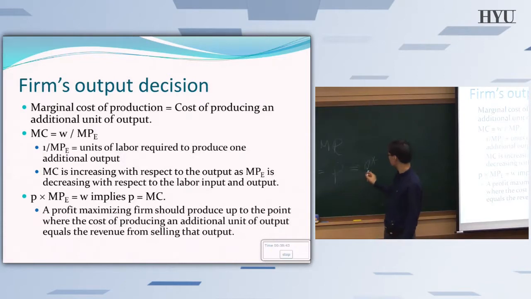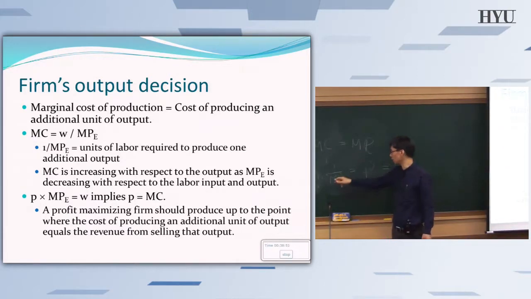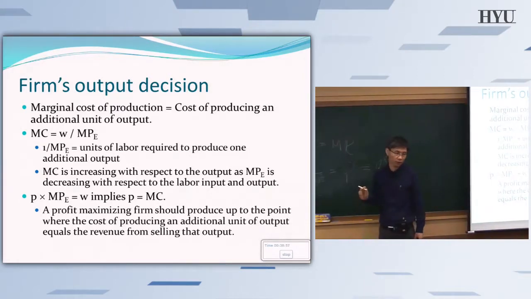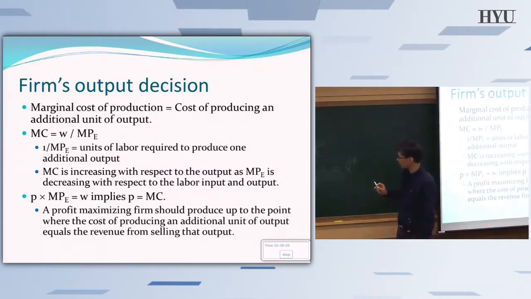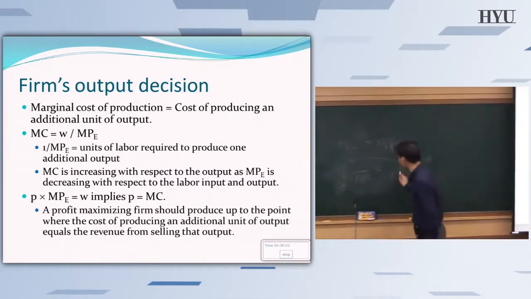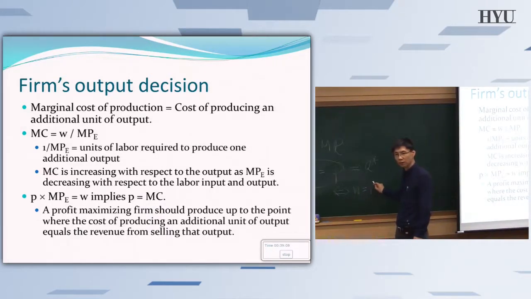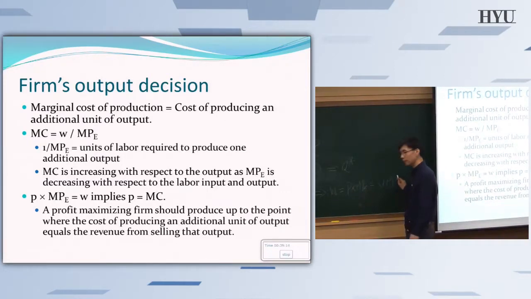To produce the output Q star that satisfies marginal cost equals marginal revenue, W times 1 over MPL equals P, is the optimal output decision. And as you can see, this condition is exactly the same as W equals P times MPL, right? It should be. If they are different, then we are in trouble.